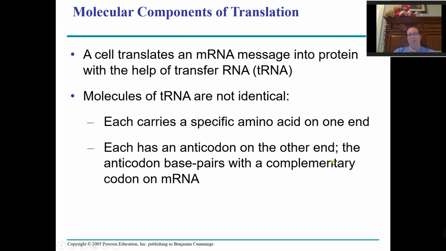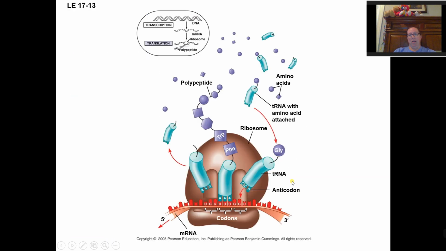All right, so let's get into translation. Let's see here, we've got a picture. Here we have your messenger RNA, okay? In terms of its movement, it's moving this way, all right? And it's going to attach the anticodon.